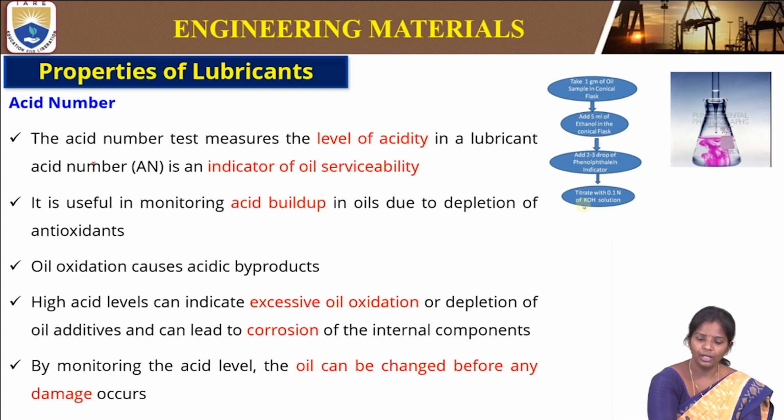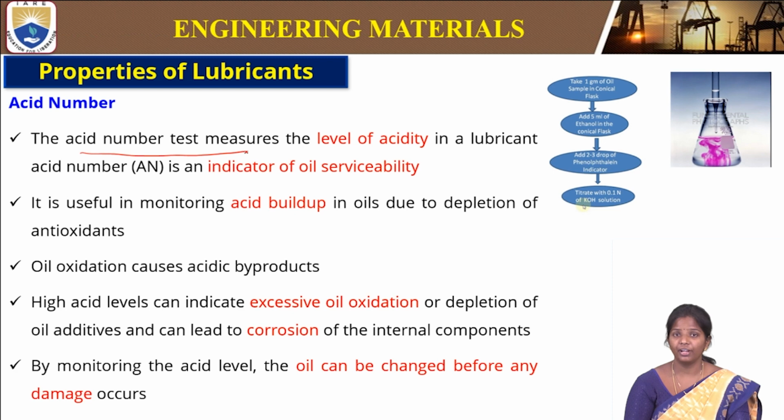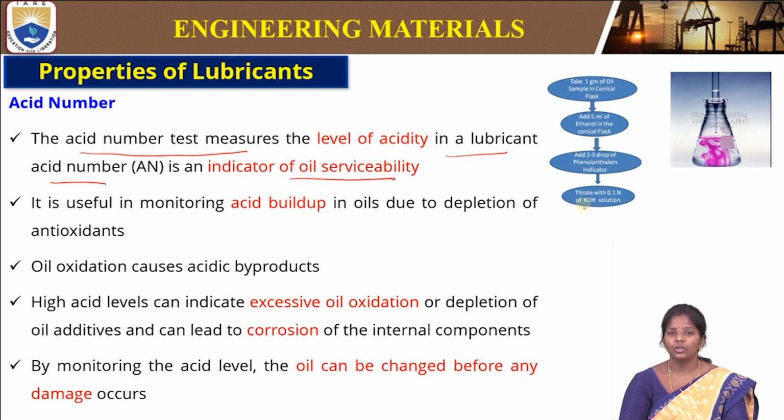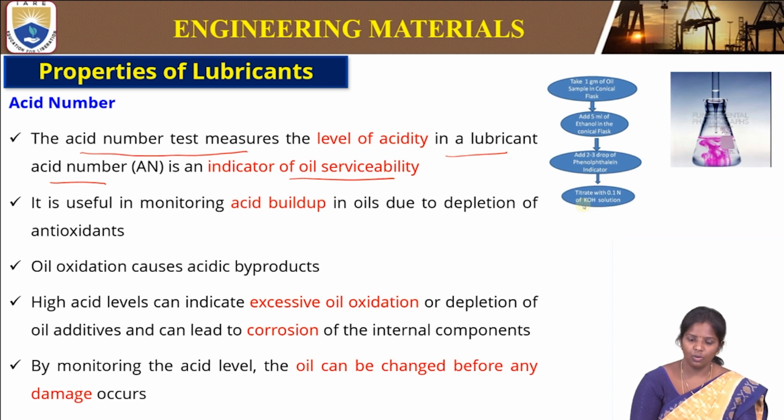The acid number measures the level of acidity present in a lubricant, and is also an indicator of oil serviceability. So if the lubricant contains some acidic property or acidic nature, it is known by the acid number. So how is it done?